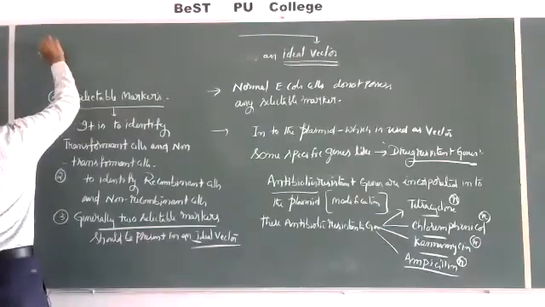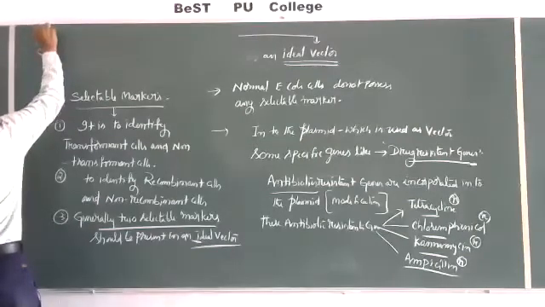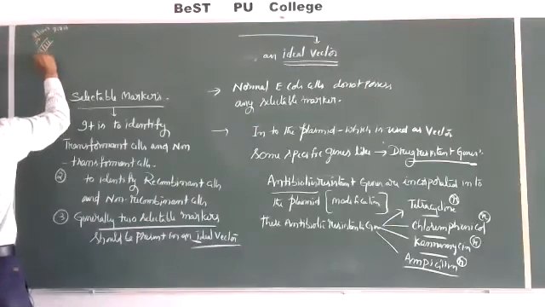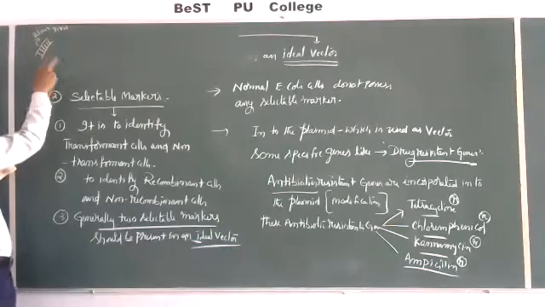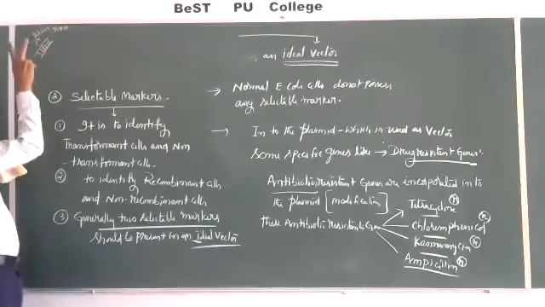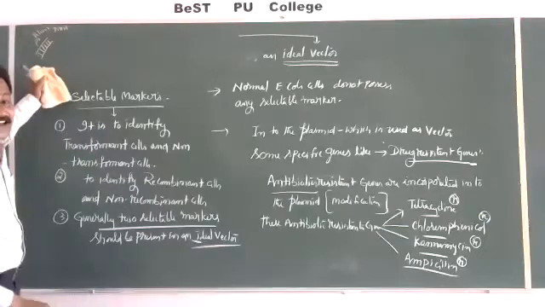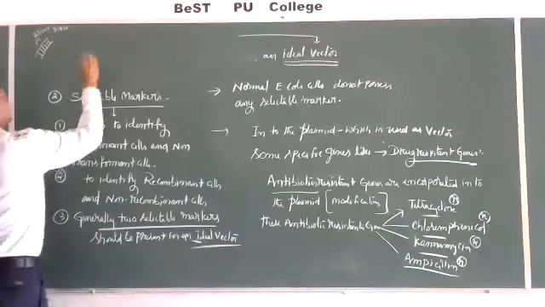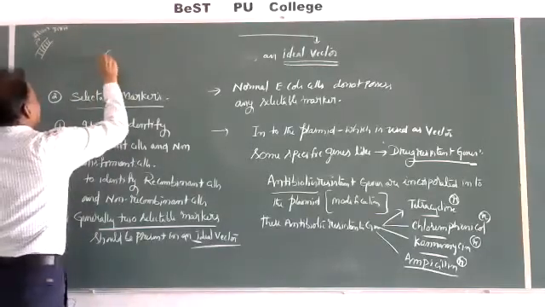This is the piece of DNA, alien DNA or desirable gene. So many names: target DNA, passenger DNA, alien DNA, piece of DNA, gene of interest, foreign DNA. So many names are given to this. And this is a plasmid.